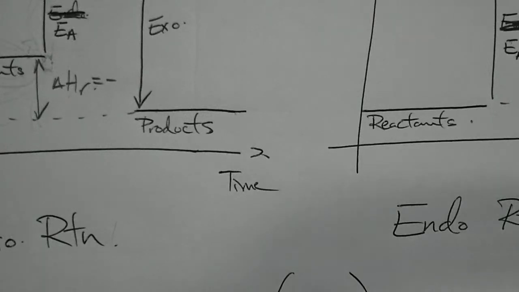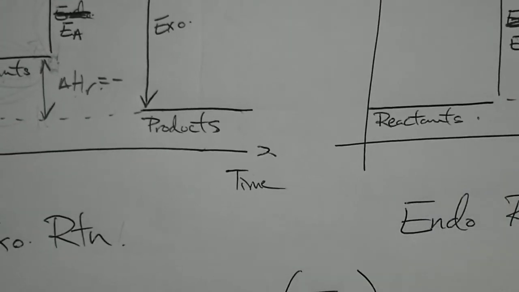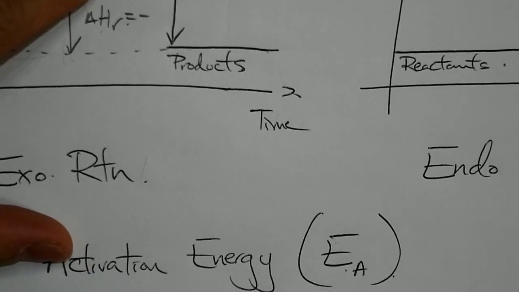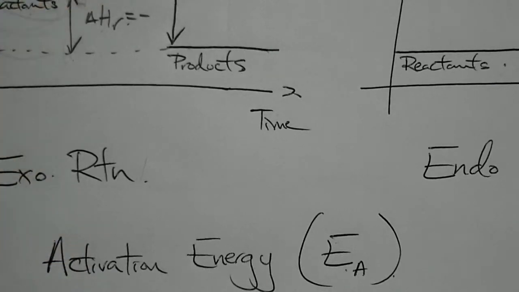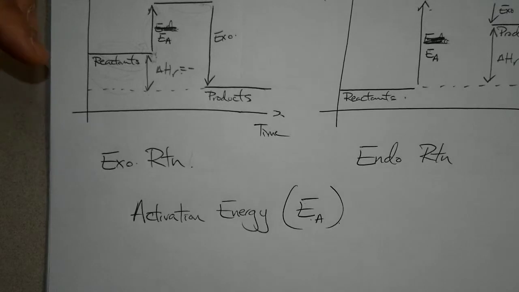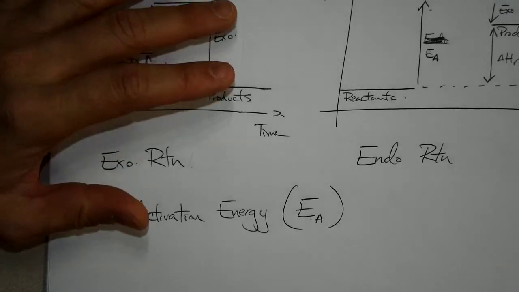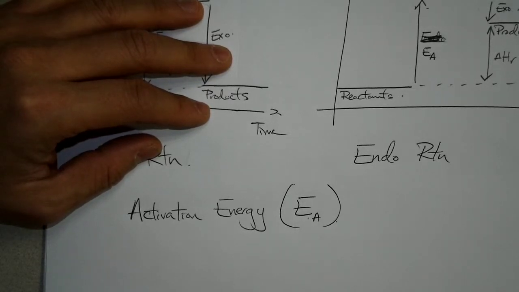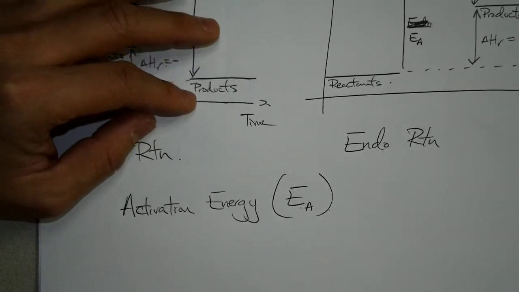So that's activation energy. Now keep in mind, we're going to be talking about activation energy more when, remember, in 2 weeks' time, you guys are going to be doing criteria B and C. The idea of activation energy will be quite important when we come to that.